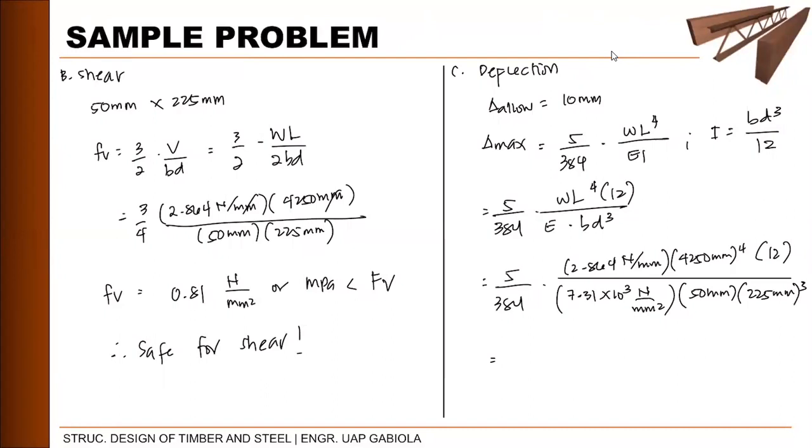Okay? We have a value of 35.068 mm, which is way, way, way greater than do sa 10 mm limit natin. Okay? Therefore, ano ibig sabihin? Magpe-fail, no?